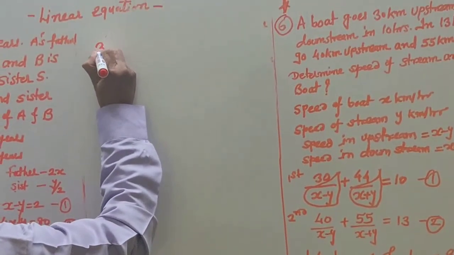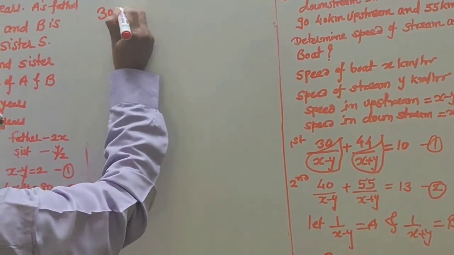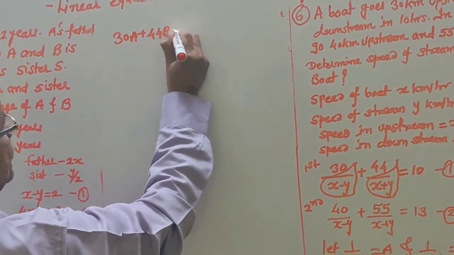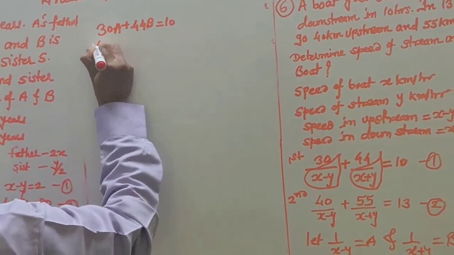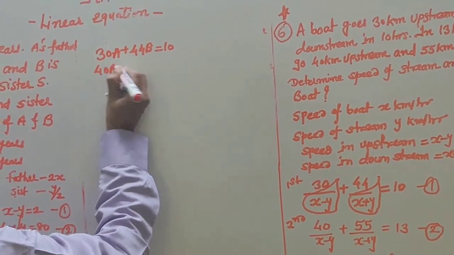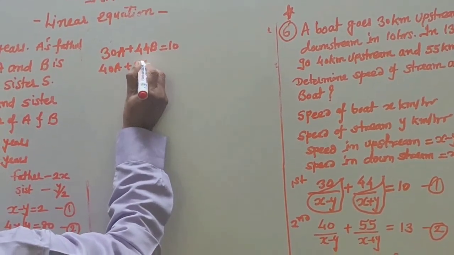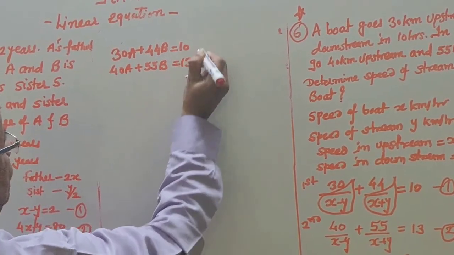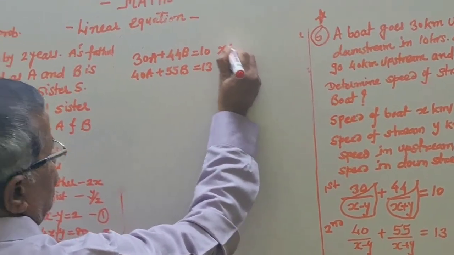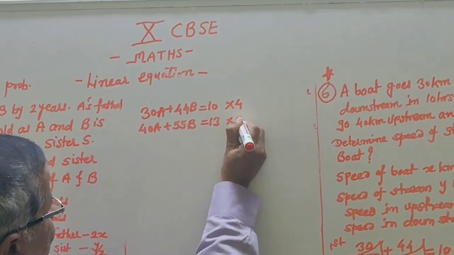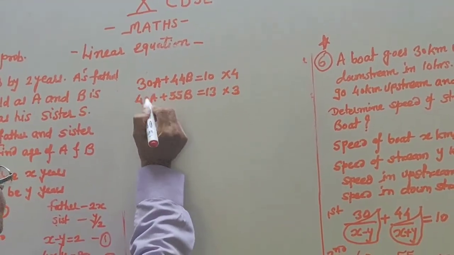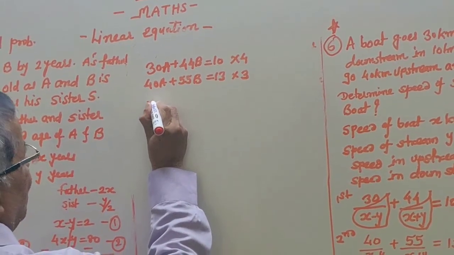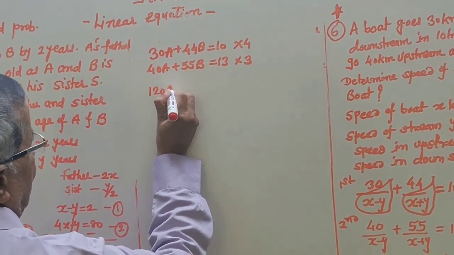Okay. Now I will write down here 30A plus 44B is equal to 10 and 40A plus 55B is equal to 13. Now I will multiply this equation by 4 and this equation by 3. So I will get these two are equal. 30 into 4 is equal to 120A.